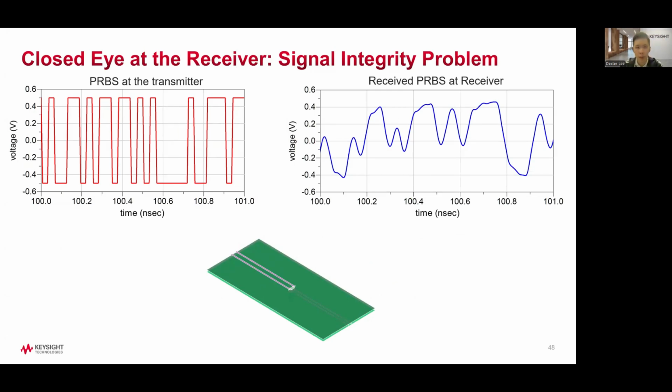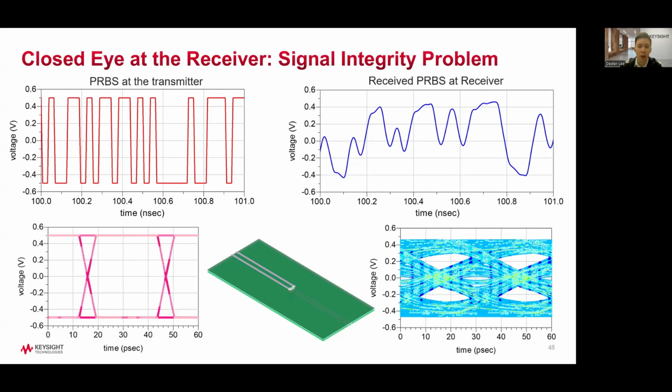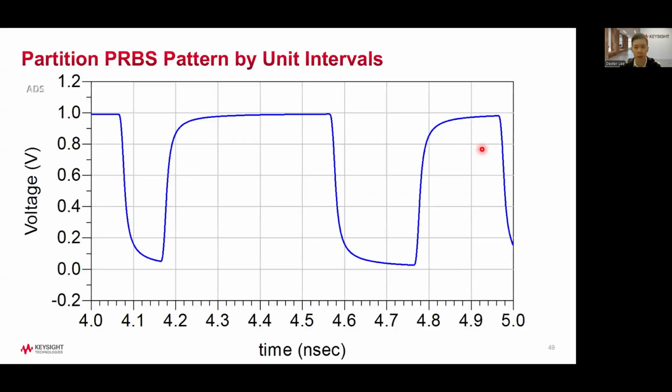But I'll skip to this slide because we have already gone through at the beginning of the session how the eye diagram was initially clean, how it propagates through the channel and becomes a closed eye. And this is the received PRBS at the receiver.